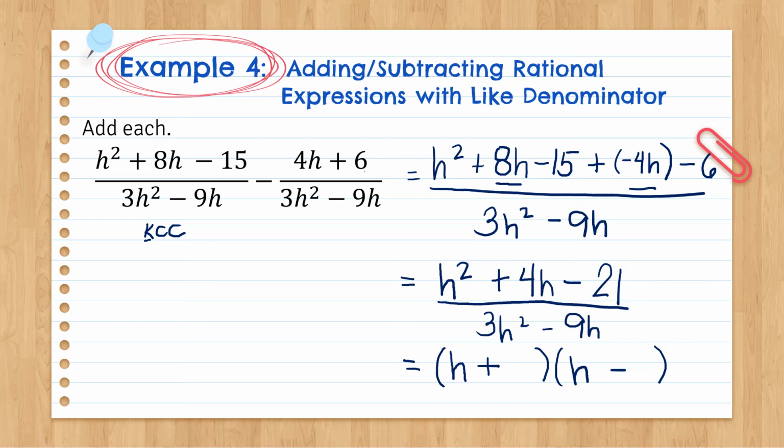Then we are going to think of factors ni 21 that when we subtract them, kasi magkaiba yung sign, ang sagot ay 4. Correct. That is 7 times 3, 21, and 7 minus 3 is 4. Now, alin ang positive? Si 7 ba o si 3? Alin ang negative? Si 7 ba or si 3? Titingnan natin ngayon yung middle term. Ang middle term natin ay positive 4.